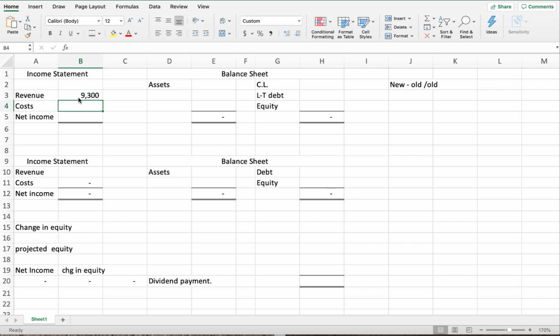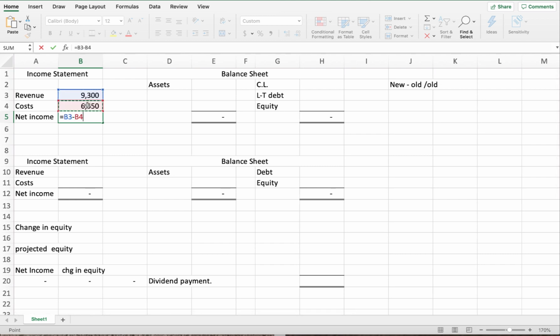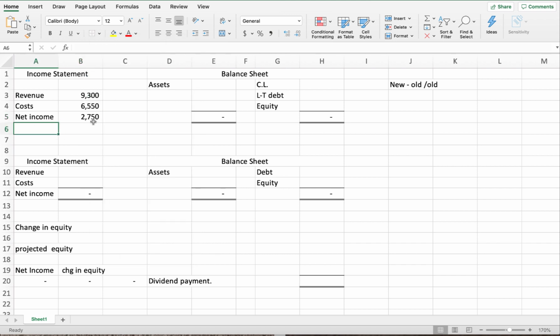Originally, sales were $9,300. Costs were $6,550. So that means our net income has to be $2,750. Okay? We also have taxes we need to account for here. So bear with me here. Let me set this up a little bit better.